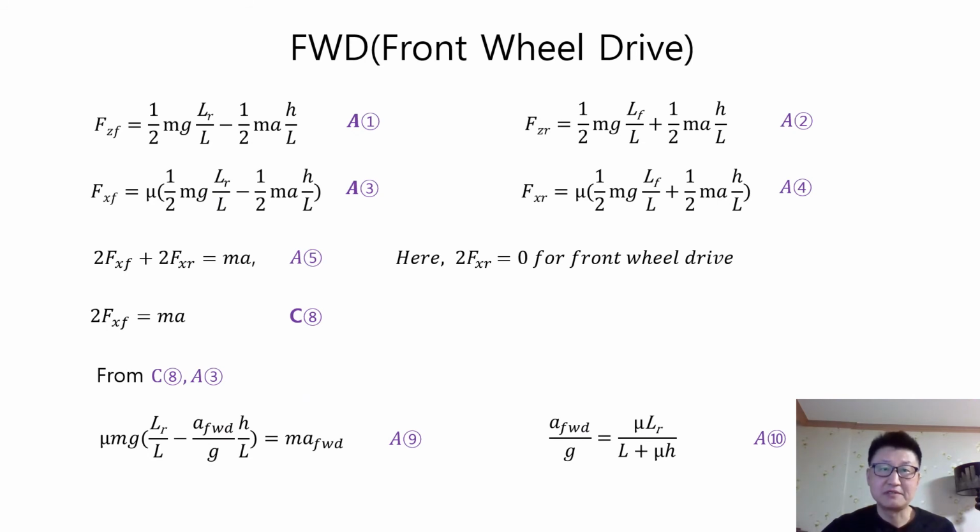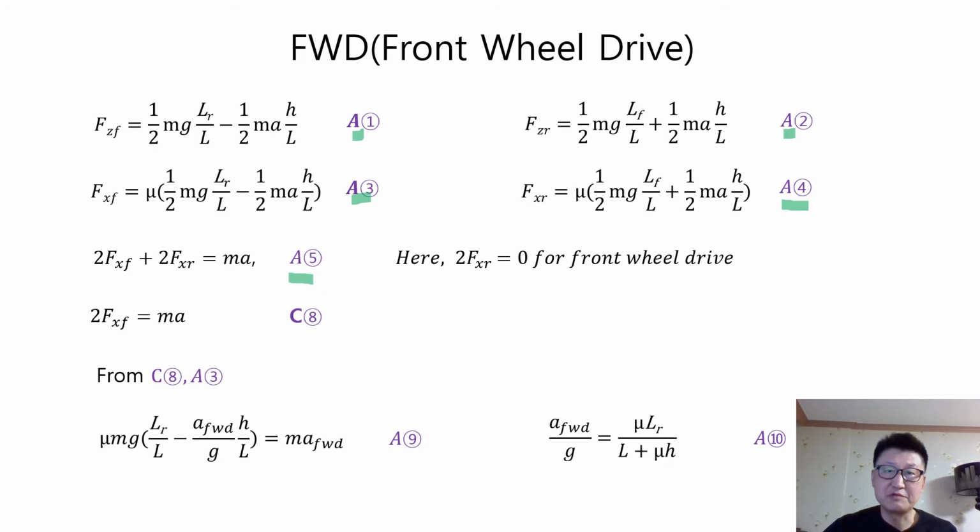From now on, let's think about the front-wheel drive vehicle. Governing equations are the same as those of all-wheel drive vehicle from the equation A1, A2, A3, A4, and A5.